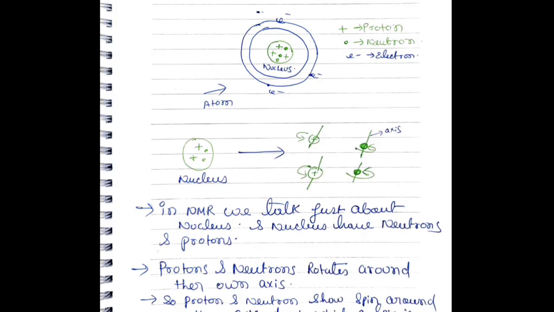Under the influence of radio frequency waves, these protons and neutrons spin around their own axis, like the earth rotates around its axis.